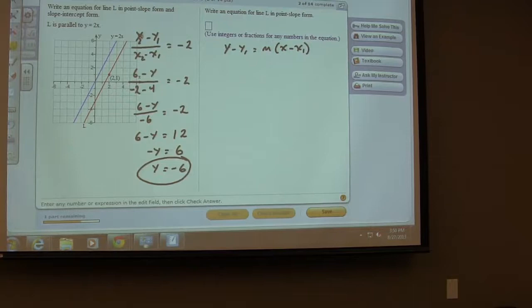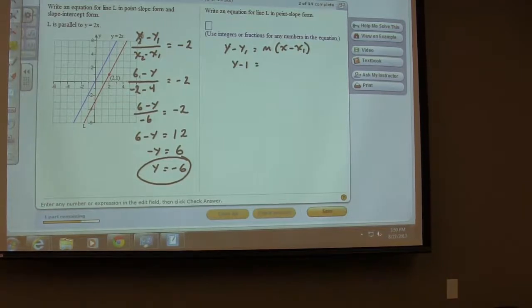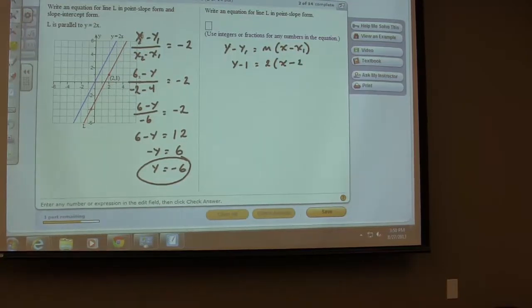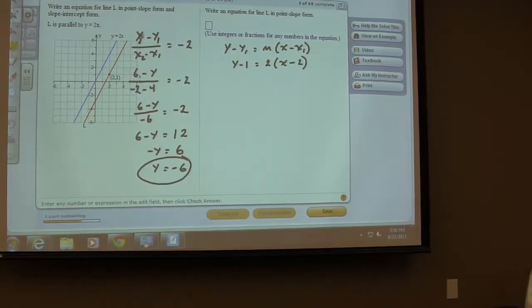So in this case, it's y minus the y1 they gave us is 1, the slope is 2, times x minus, and the x they gave us is a 2.